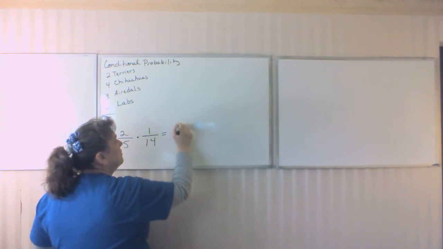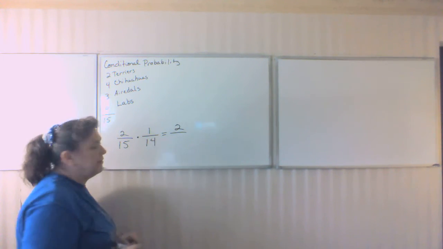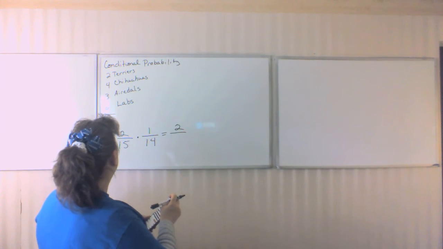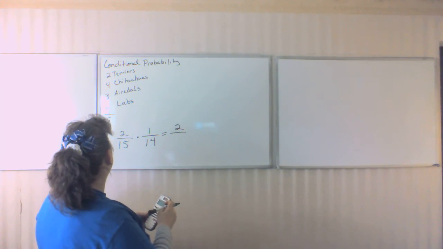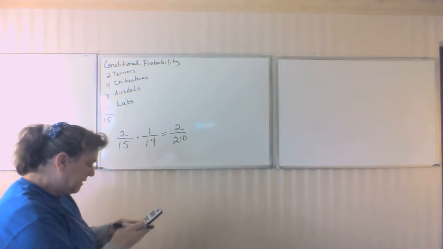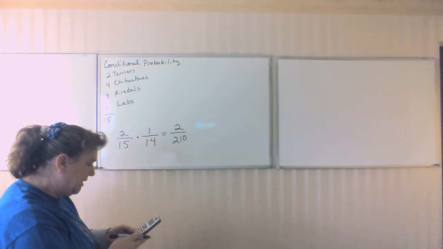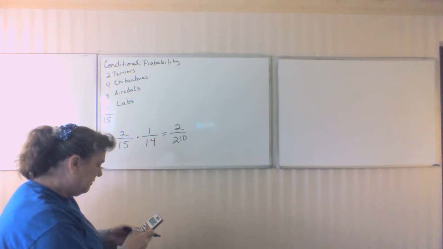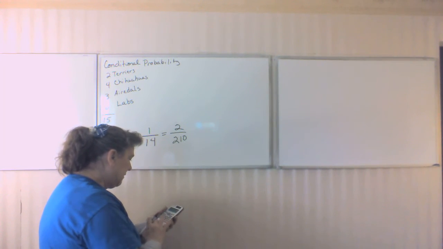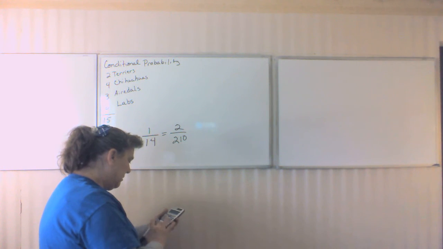So then this one is 2 out of, I can't do that one in my head, 150 plus 60, 210 maybe? Well, we'll multiply it, see, 15 times 14, yeah, 210. Okay, so 2 divided by 210.